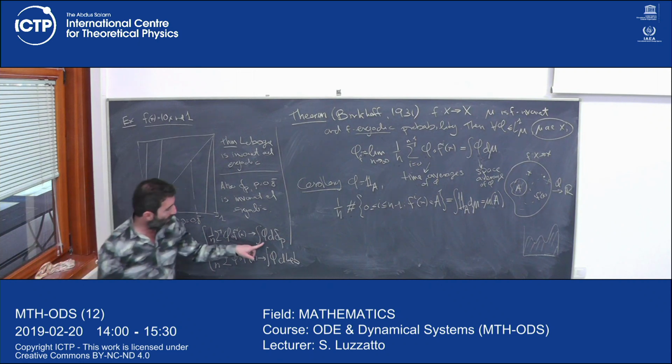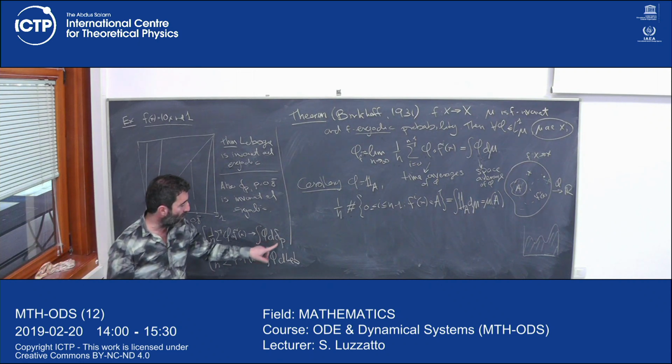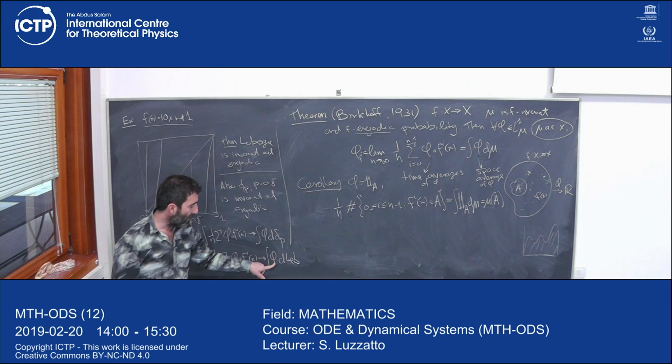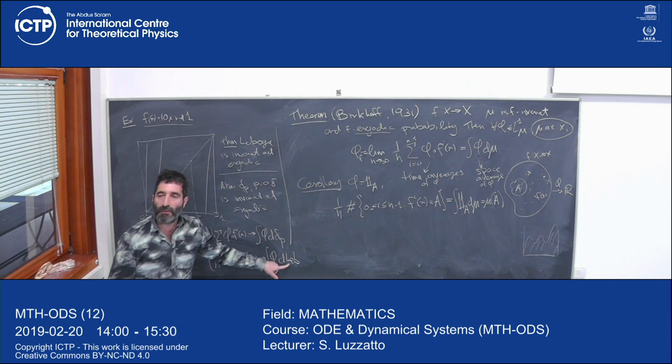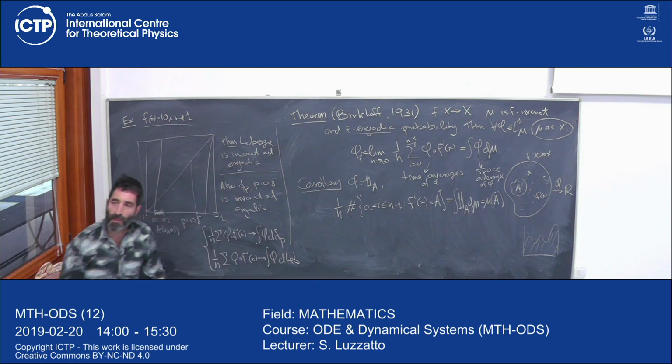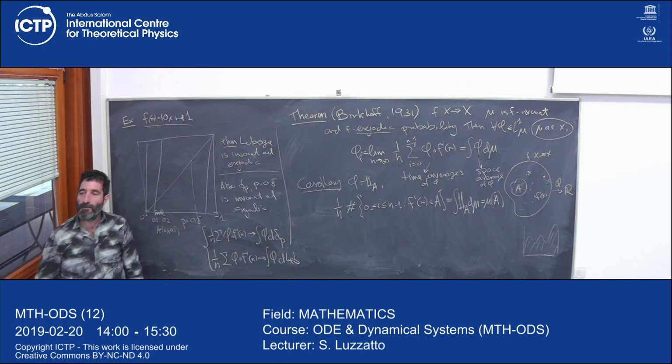Because in general, the integral of phi with respect to the Dirac delta measure will be completely different from the integral of phi with respect to the Lebesgue measure. Yeah, but the second one is Lebesgue almost everywhere, and the first one is Dirac delta.